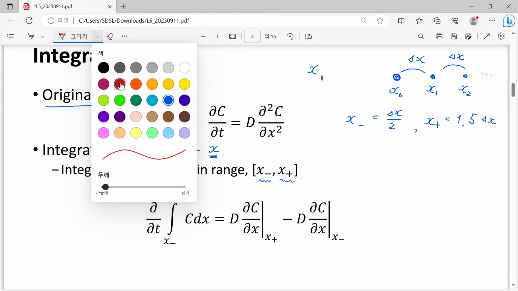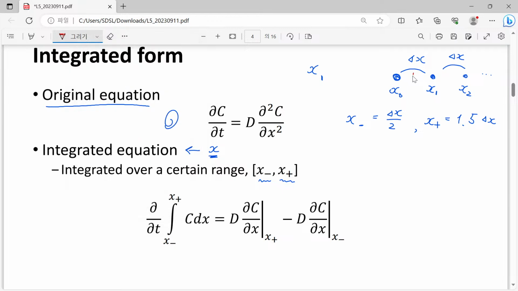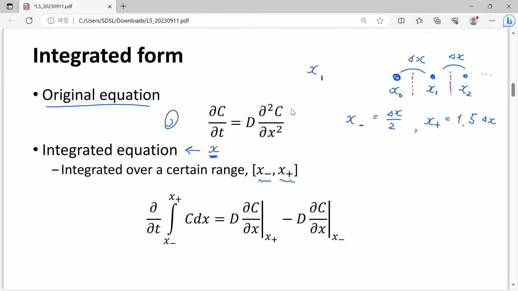In this case, I'm just saying that for x sub 1, we are taking the integration range for these two boundaries. So what is x minus selected in this case? x minus, written as 0.5 times delta x, just shows the midpoint between x0 and x1, and x positive shown here is just showing the midpoint between x1 and x2.